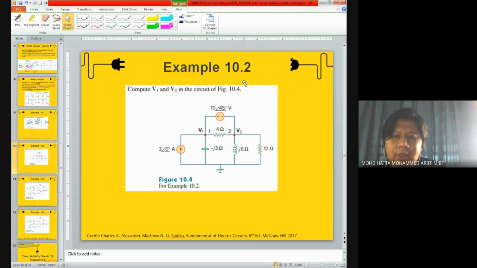What I need to highlight over here is, if you look at the circuit and try to solve it using node analysis, you need to be aware that we have a voltage source in between two nodes. So here, the circuit must be solved using supernode analysis.